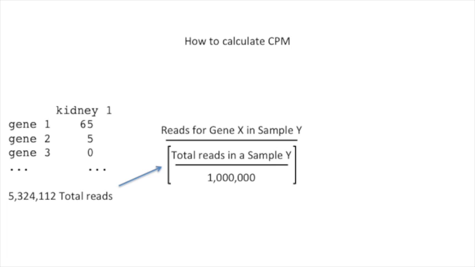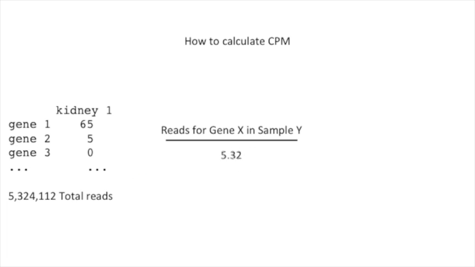In this case, we'd plug in the total number of reads for our kidney sample into the bottom part of the equation. This gives us 5.32 in the denominator. Now we put each gene's read counts into the numerator. Starting with the first gene, we put 65 in the numerator. This gives us a CPM value of 12.3 for the first gene.